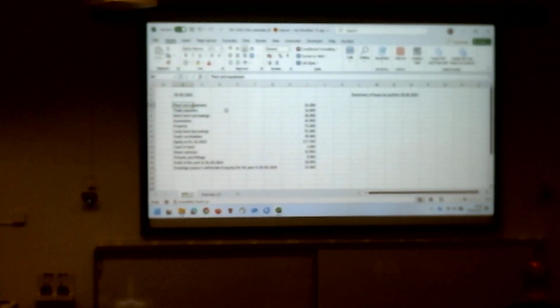Drawings, exactly. This is also not part of the balance sheet, the statement of financial position. And there's one more thing that you need to look closely. These numbers are all from September 30th. There's one odd number. Last year's equity, exactly.